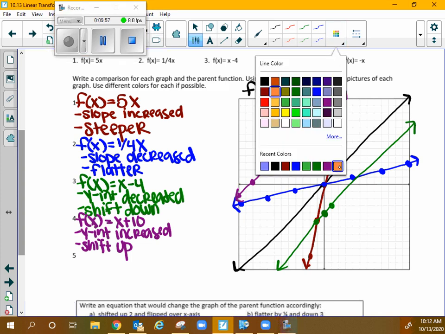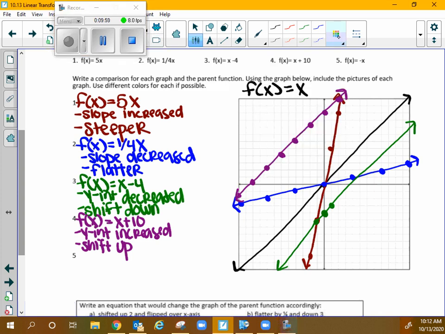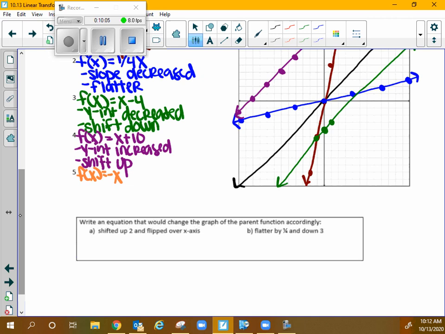f of x equals negative x. What happened? The negative one. The slope switched signs.